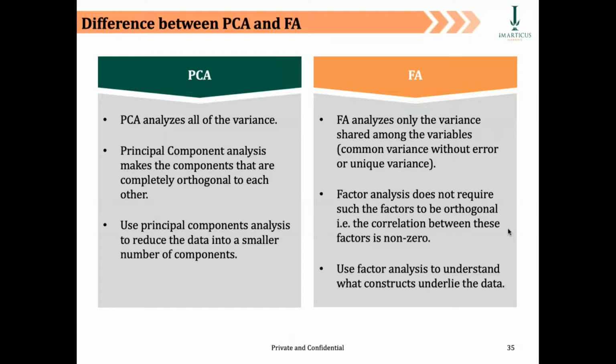In factor analysis, we actually try to understand the underlying data, that is, how your data has been constructed. That is the importance of factor analysis. Got it? Yes, sir. So we understood the similarity, dissimilarity and relationship of PCA and factor analysis.